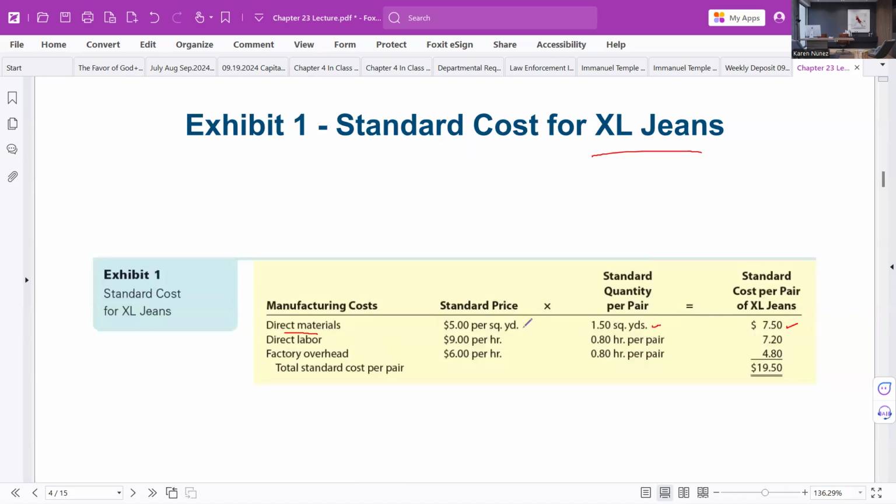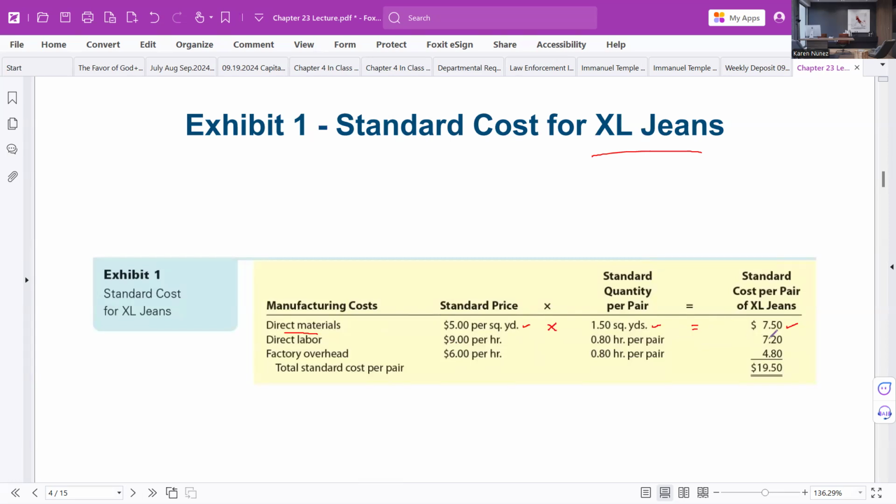So again, what does that tell us? Well, it tells us for every pair of extra large jeans, they need 1.5 square yards to make a pair of extra large jeans, and the materials cost $5 per square yard. So when you put these two components together, $5 per square yard times 1.5 square yards, you get this standard cost for the materials. $7.50 is the cost for the materials.